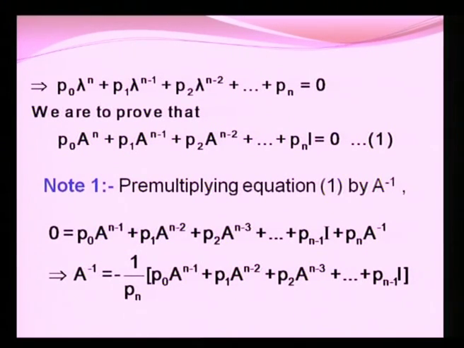If we simplify this matrix equation, then we get A inverse is equal to minus 1 upon pn into bracket p0 A raised to n minus 1 plus p1 A raised to n minus 2 plus up to plus pn minus 1 into I. So this shows that using the Cayley-Hamilton theorem we can easily find the value of A inverse for any matrix A. In this way we can find the value of A inverse.